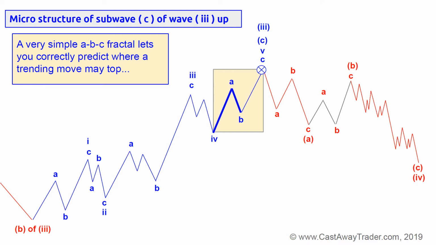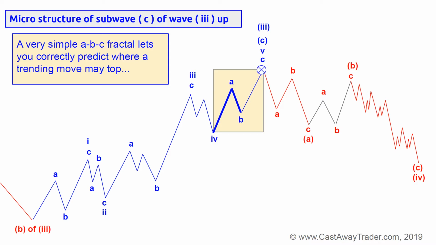Okay, this is the microstructure of subwave C or wave 3 up. And when we talk about those two tops I predicted in the previous video, we are talking about Z top, the minor wave 3 up, and Z top, the wave parenthesis 3 up, wave 3 of a higher degree.